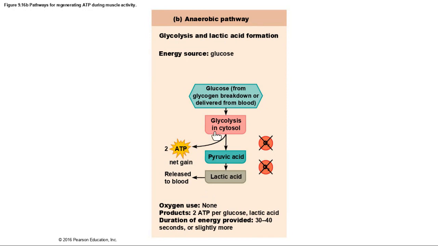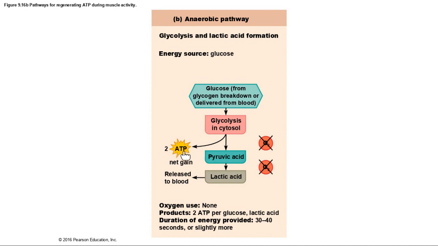You should definitely know this is not in the presence of oxygen. We're doing this with no oxygen use because there's no oxygen available. Look here. These are oxygens. There's no oxygen available. But the glycolysis process itself, all by itself, will still produce 2 ATP without oxygen.